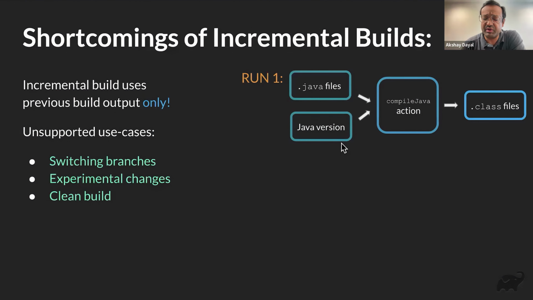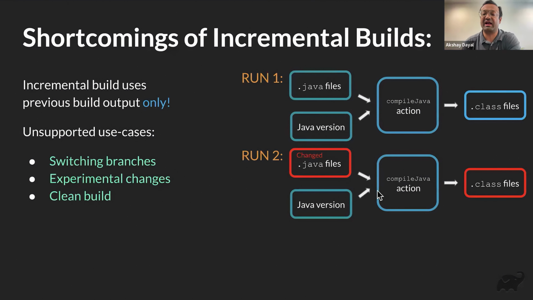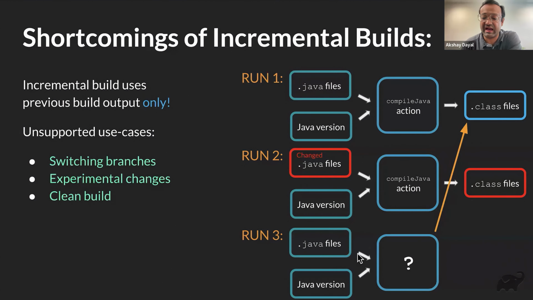So if you look at the experimental changes scenario, let's say you have your inputs, your source files, you run the compile Java action, and you generate bytecode. Then you do some testing, you change some of the source files, you run the compile action, and it generates different bytecode. You change your mind, you go back to the original Java files that you had.